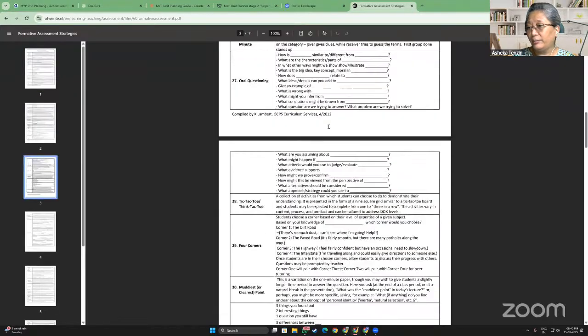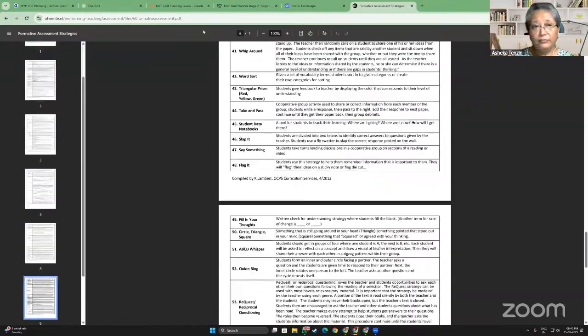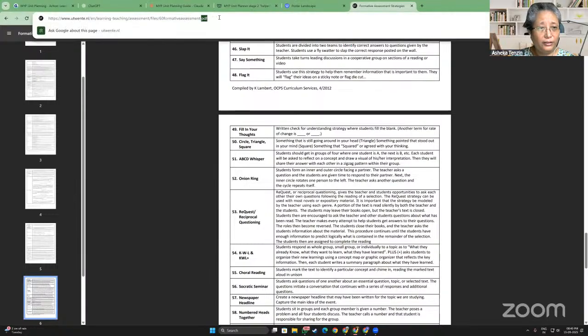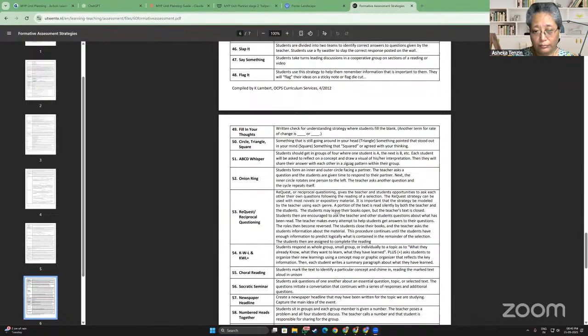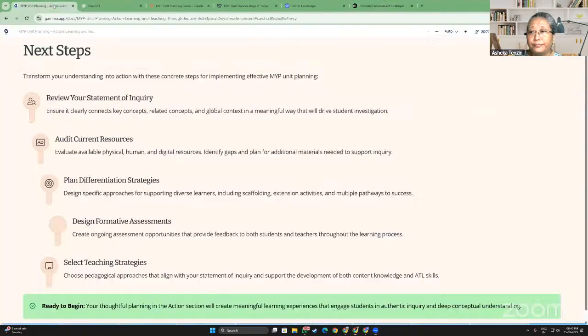These are all assessment strategies. Let me share this in the chat. This has all the different formative assessment strategies.